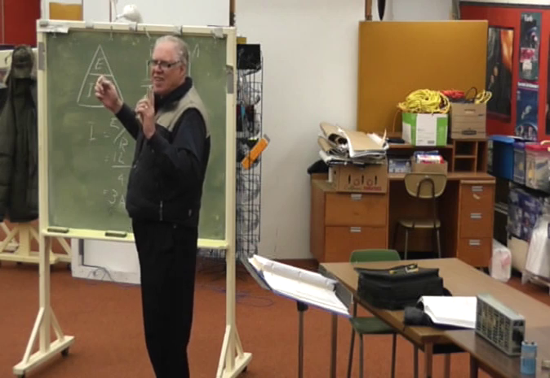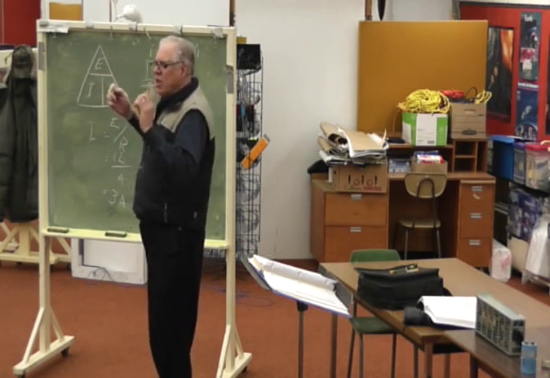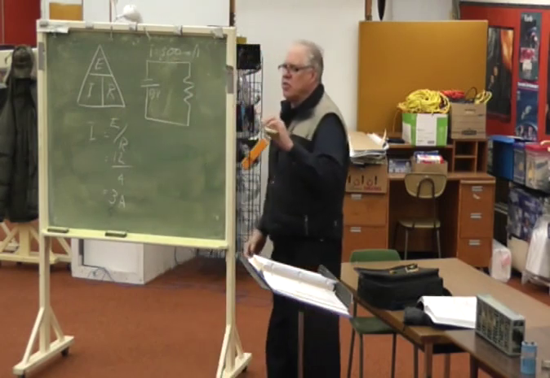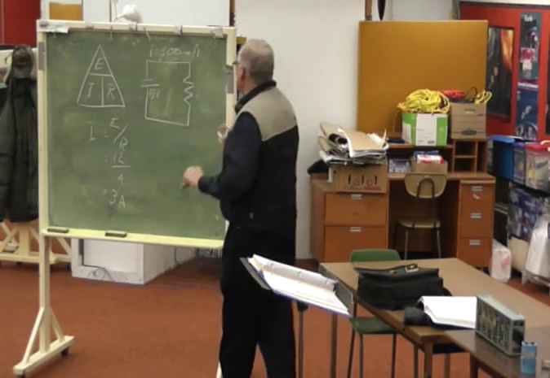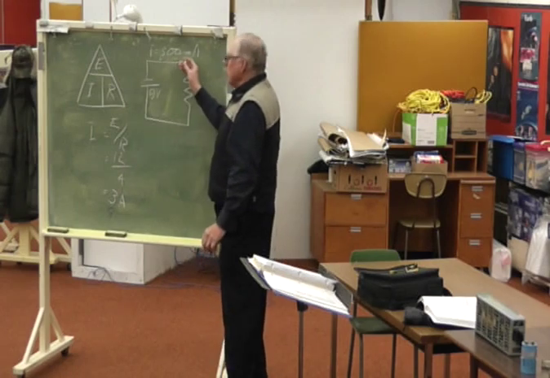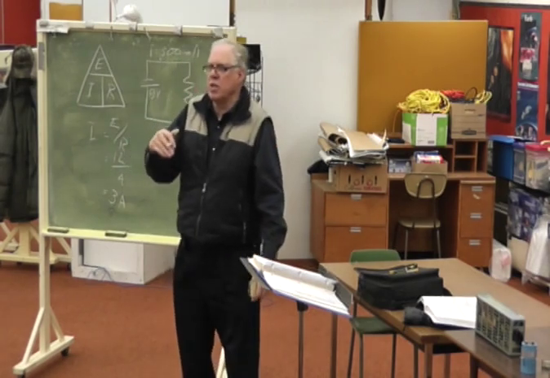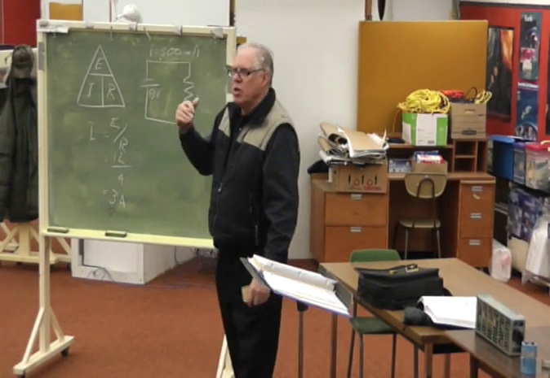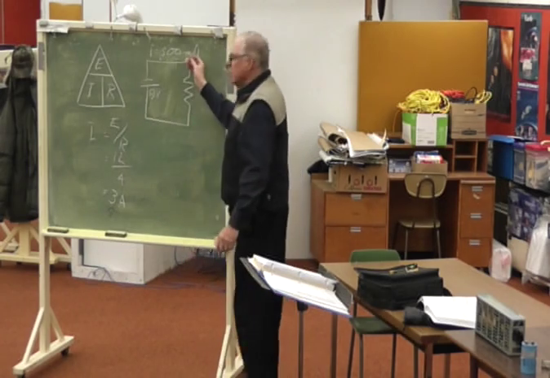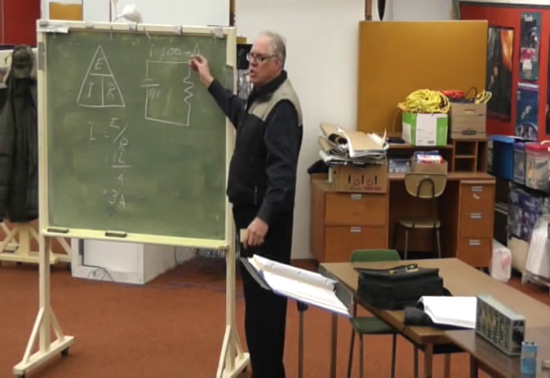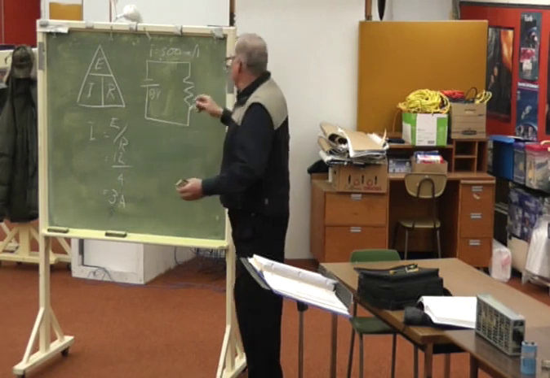A millivolt is a thousandth of a volt. So, same thing with current, of course, a milliamp is 1/1000th of an amp. So 500 milliamps is how much? 0.5 of an amp.